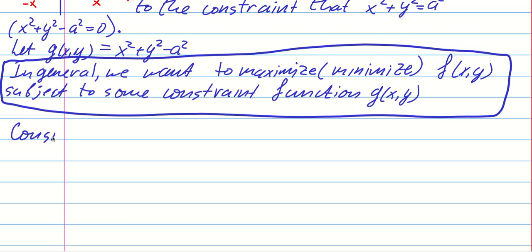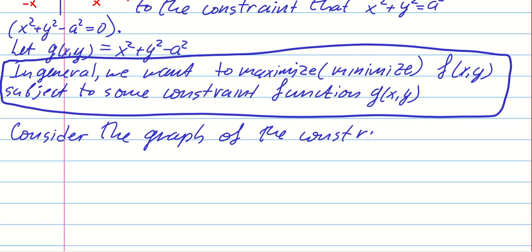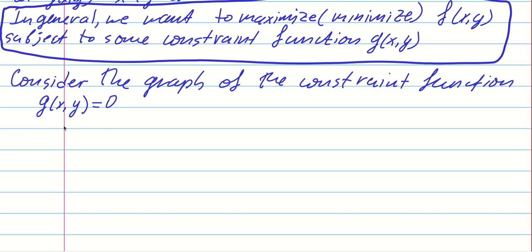All right, so let's move a little bit forward with our problem. We're going to consider the graph of the constraint. Since the constraint function is a circle, we have a circle.